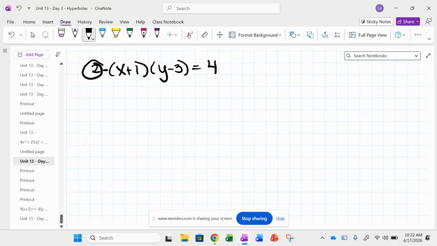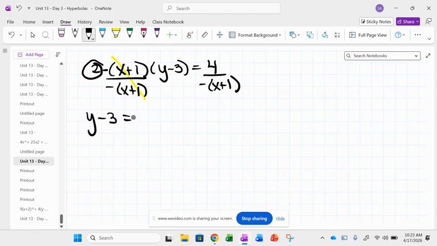So now in order to put this in standard form, I need to get the y by itself. So I'm going to divide by the negation of x plus 1. So that cancels here. So now I'm going to have y minus 3 equals, is it okay if I just assign that negative to the numerator or to the outside of the fraction? Is that good? Yeah, that's absolutely fine.